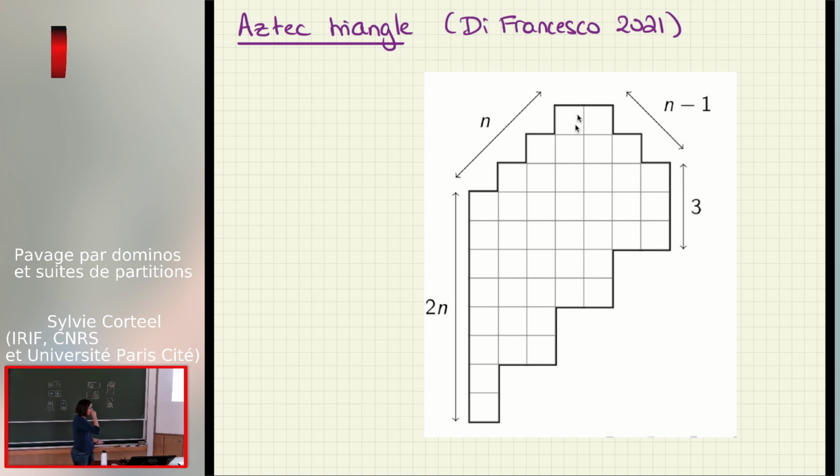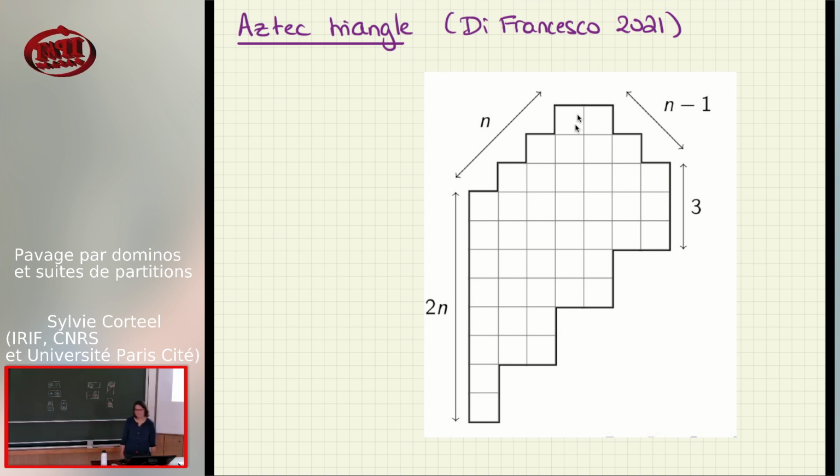But anyway. So let me go to what I want to talk about today. Okay. So I guess it's something that was defined by your colleague Philippe Di Francesco. It's what he called the Aztec triangle. So why this is a triangle, I don't know.